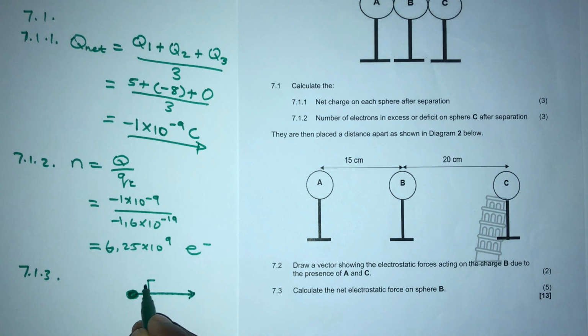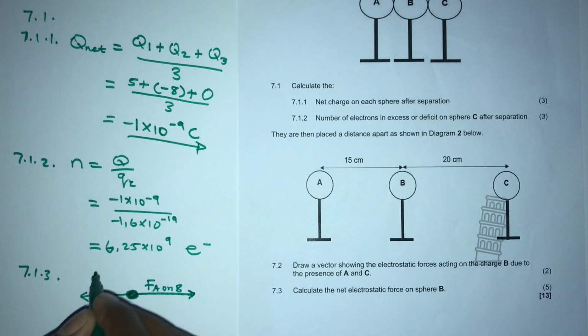So this is the electrostatic force of A on B. And then C will push B to the left. So this is the electrostatic force of C on B, or you can say FC, exerted by C.